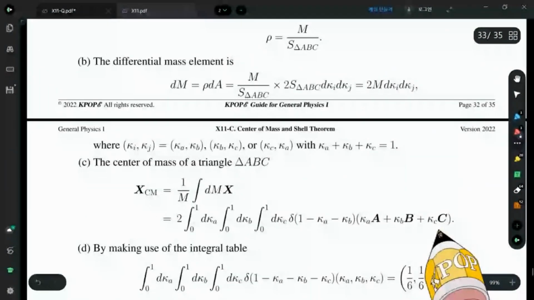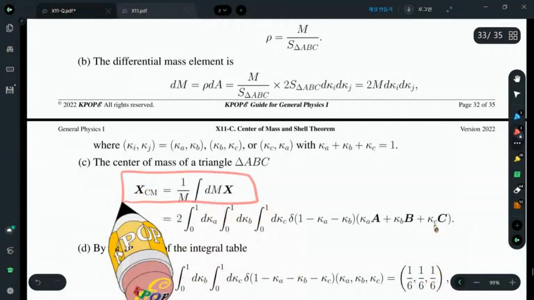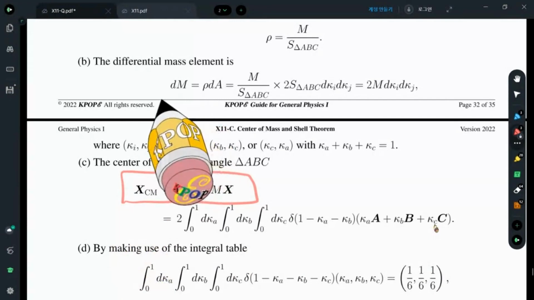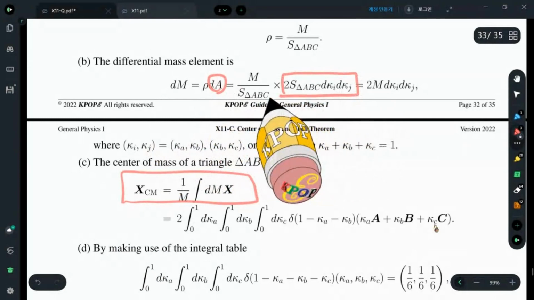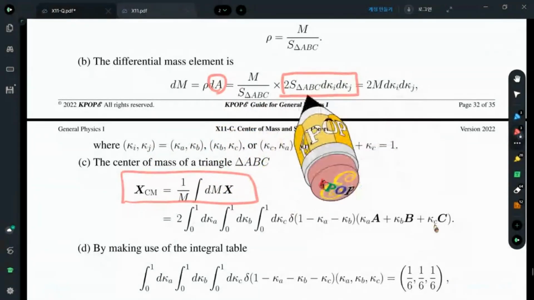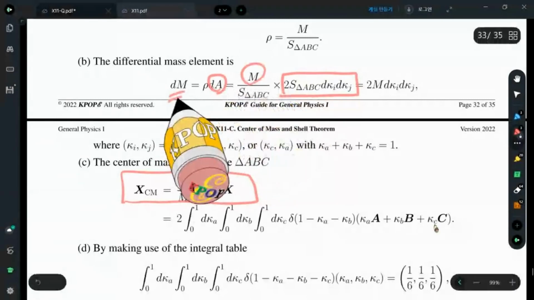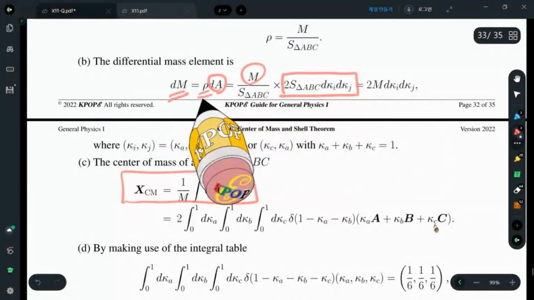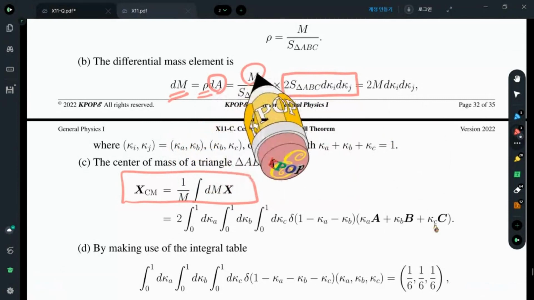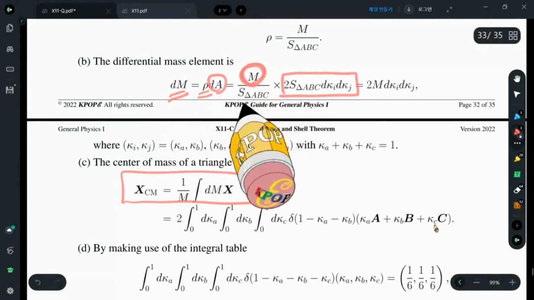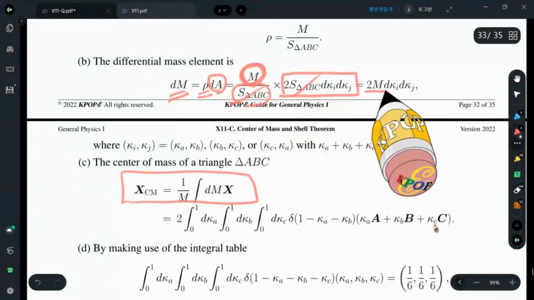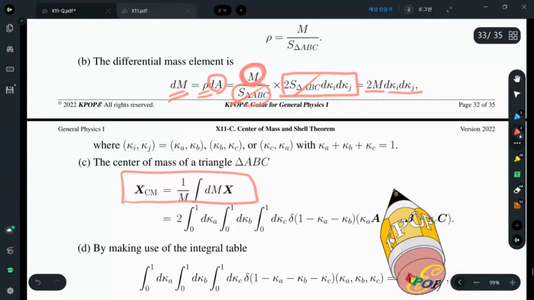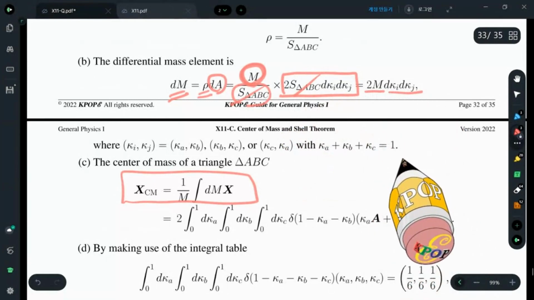Finally, let me compute the center of mass of a triangle, making use of all our results. I told you the area of a triangle can be expressed in terms of these barycentric coordinates, and if I rescale this by multiplying by the surface mass density, that is the total mass of the triangle divided by the area of ABC, it cancels, and we get 2 times the mass multiplied by the differential product of the two barycentric coordinates.